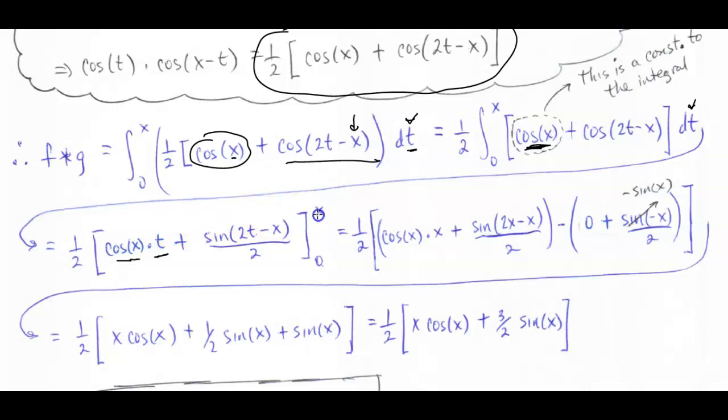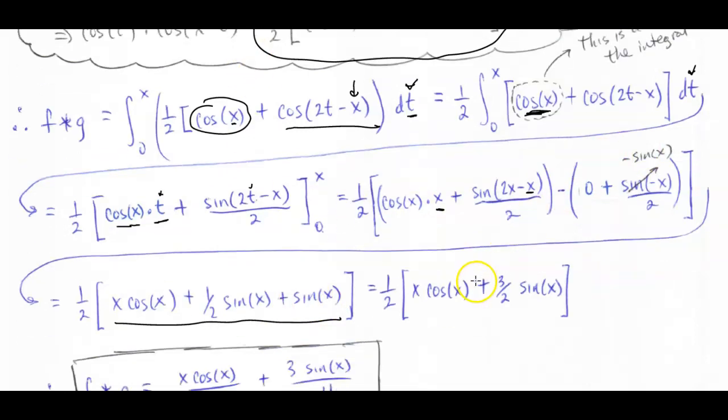So I plug in x everywhere where I see t. And that's why I get that here, and I plug in 0 everywhere where I see t here as well. So I'll plug in 0 here, plug in 0 there. And so this is how I end up just getting x times cosine of x plus 1/2 of sine x plus sine x all on the inside, okay?